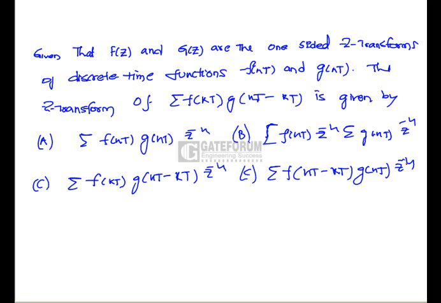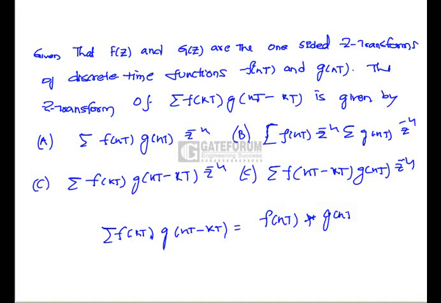F(z) and G(z) are the one-sided Z transforms of discrete time functions f(nT) and g(nT). The Z transform of the summation of f(kT) g(nT minus kT) is given by? See, from the above given expression, the sum of f(kT) g(nT minus kT) is nothing but the convolution of the two functions f(nT) and g(nT).